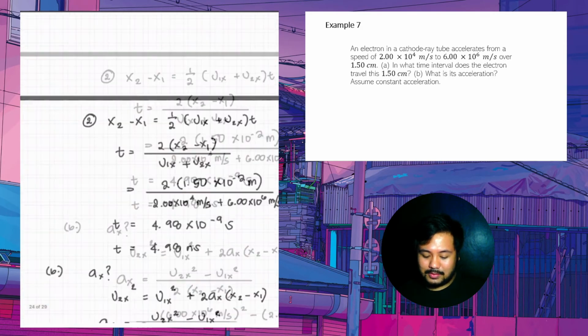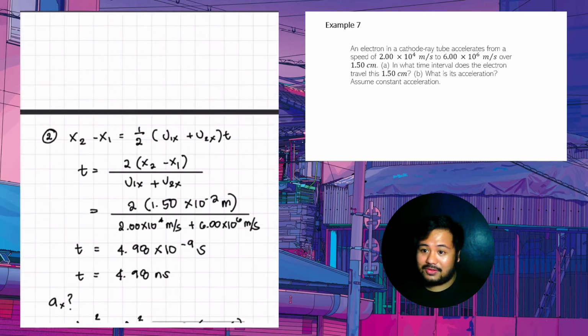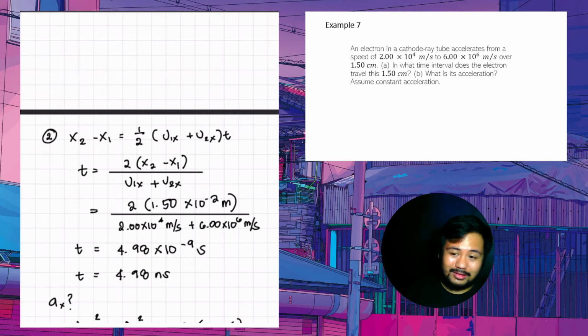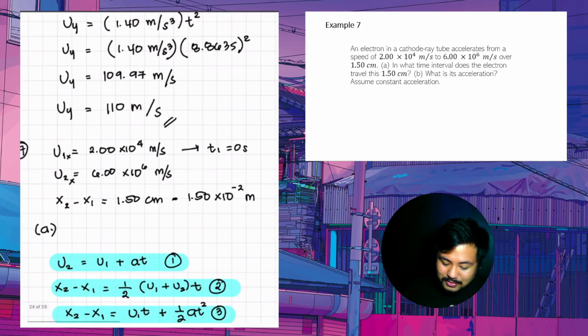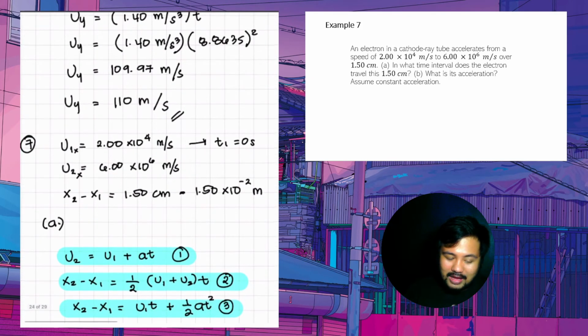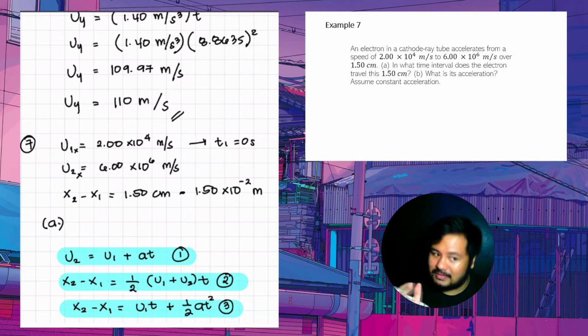Okay, so what do we have? We have v1, the initial velocity, 2 times 10 raised to 4 meters per second. And then we have the final velocity, 6 times 10 raised to 6 meters per second. And then we have the change in position, x2 minus x1. I just assumed that we are moving in the horizontal axis or positive x-axis.